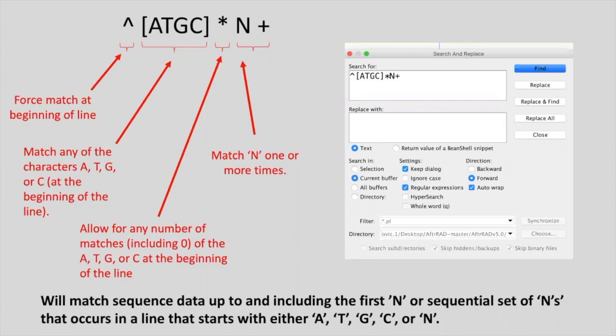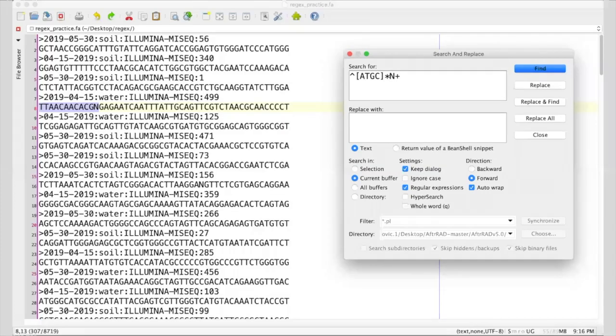Next, I have a capital N, which is what we're looking for, followed by the plus quantifier. This plus quantifier requires that at least one N appear in the line. This expression gives us what we're looking for, by matching only lines that contain at least one N, but also requiring the lines start with either A, T, G, C, or N, eliminating the name lines that all start with a greater than symbol.